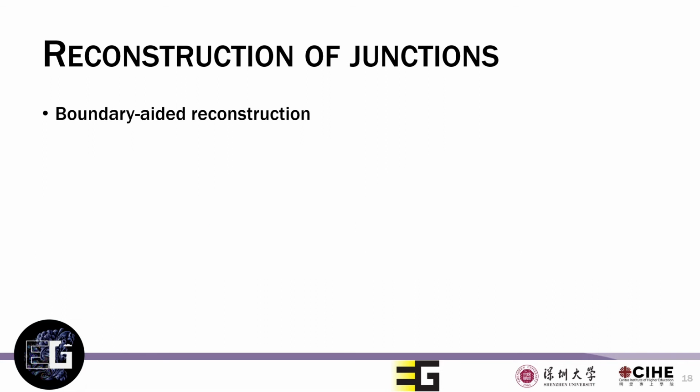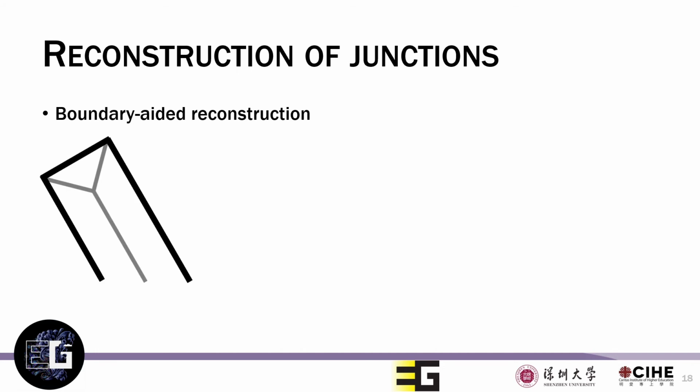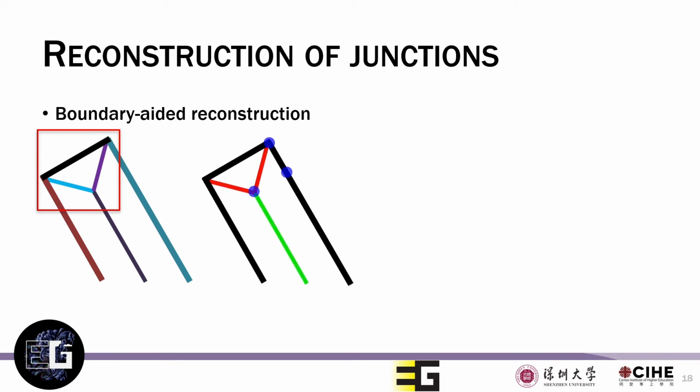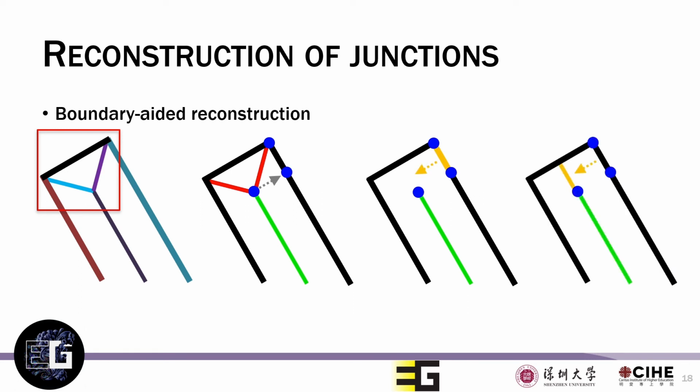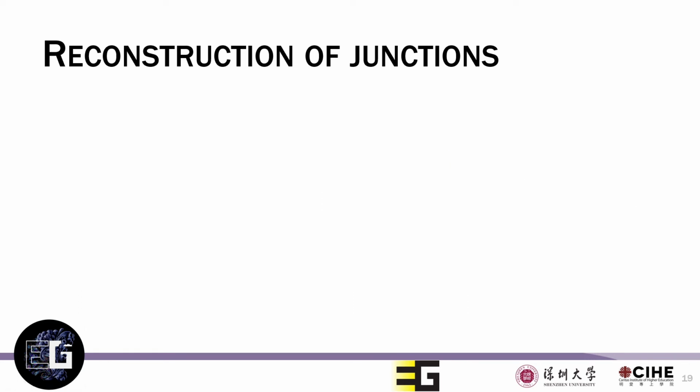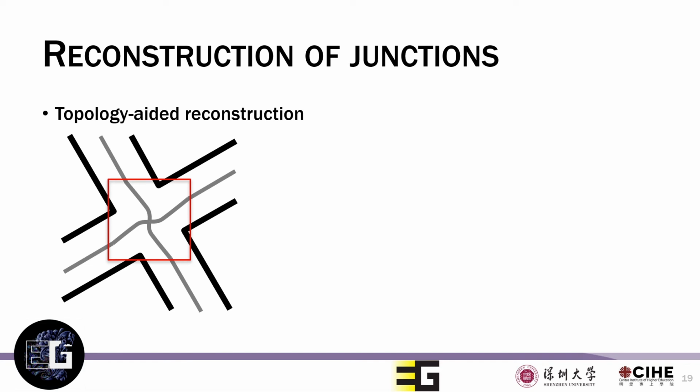Similar operations are performed at the unreliable part near the line endpoints. But there are still some skeleton estimation mistakes that cannot be recovered due to the absence of boundary correspondence.